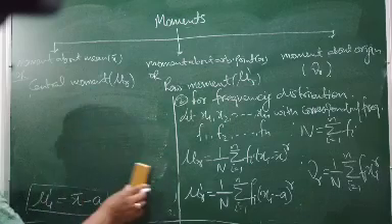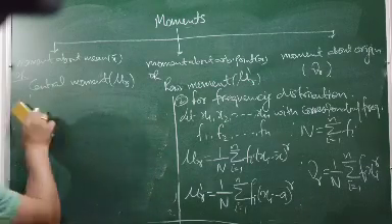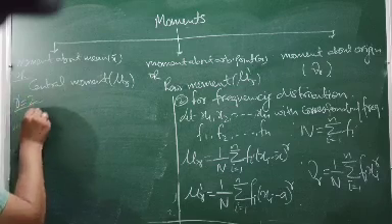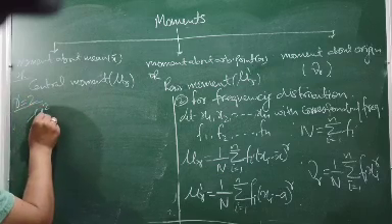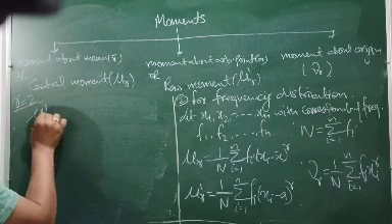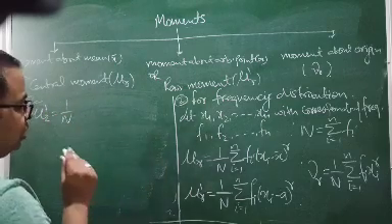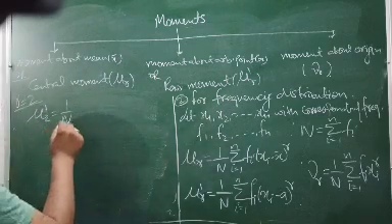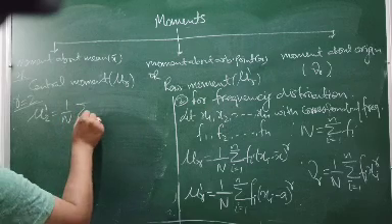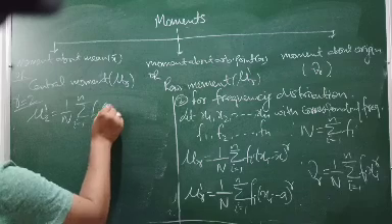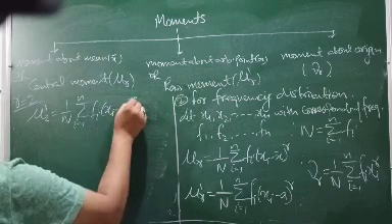Now we put r is equal to 2 in this formula. Mu dash 2 is equal to 1 upon capital N summation i varies from 1 to n fi (xi minus a) to the power 2.